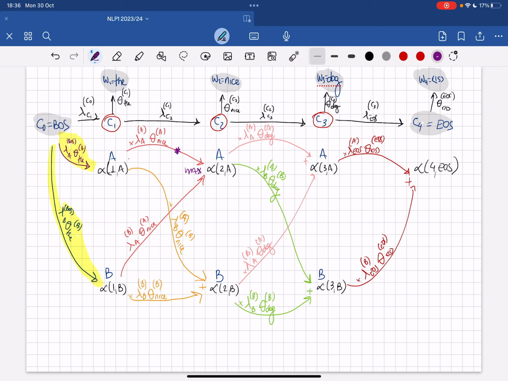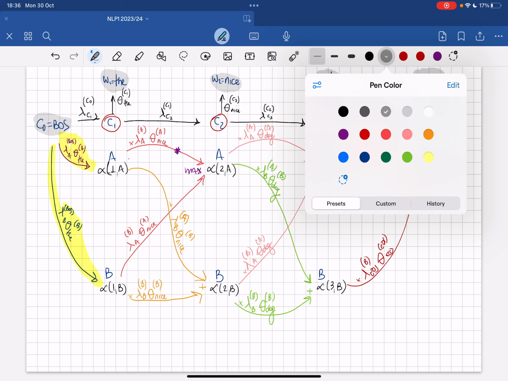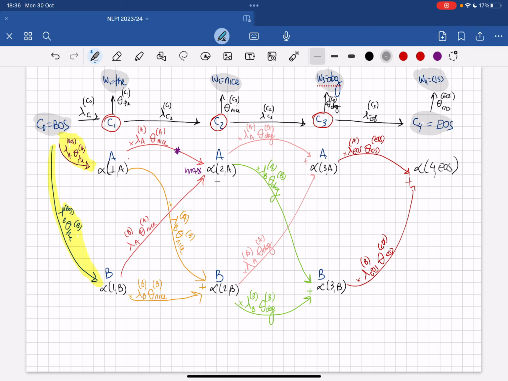If this is the maximum value, here we will store that value, so that's the value of alpha. And let me just keep a tiny bit of information here, which is a back pointer. It tells me that the edge that maximized is the edge that came from A.